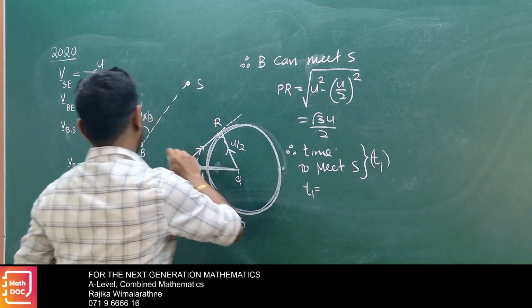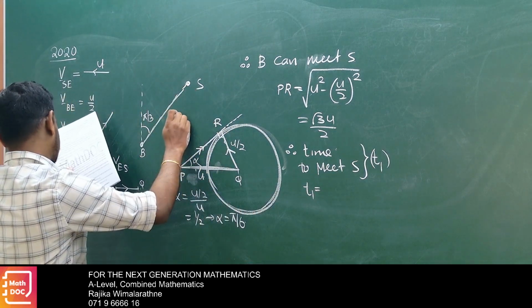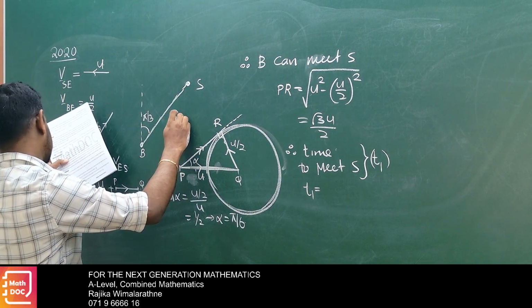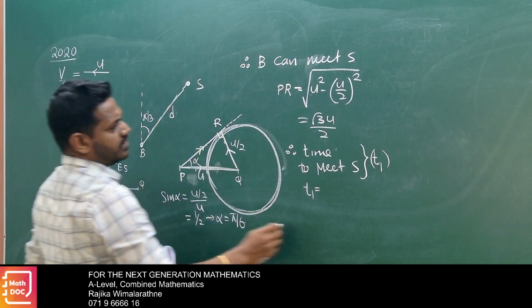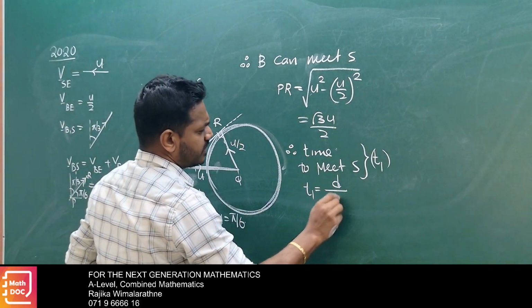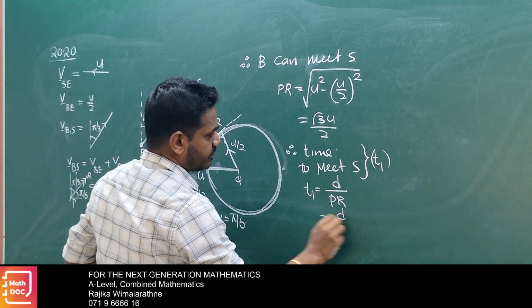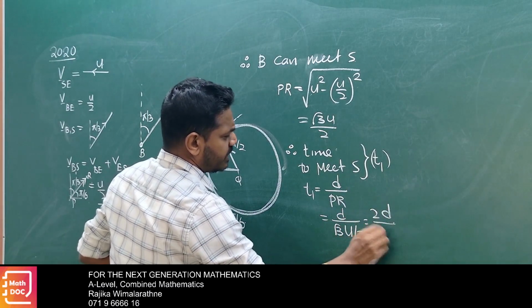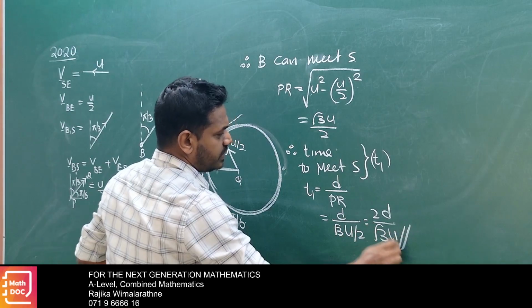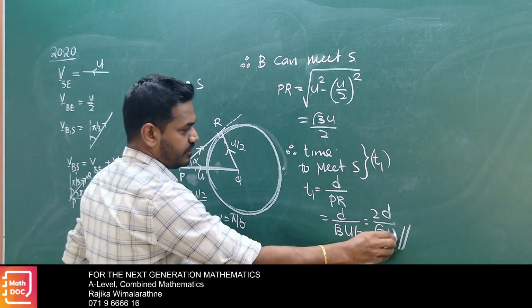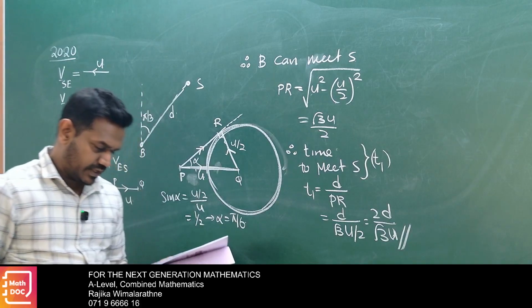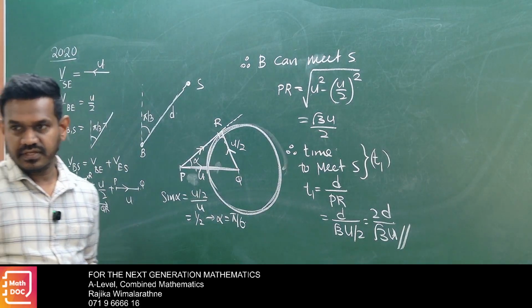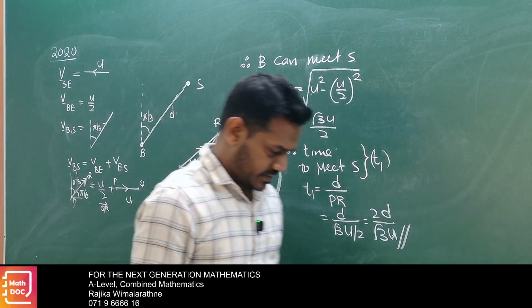T1, here displacement given, D, no? Then D divided by PR, root 3 u over 2. 2D divided by root 3 u. Here the time to intercept the ship is 2D divided by root 3 u. That's how it happens first.